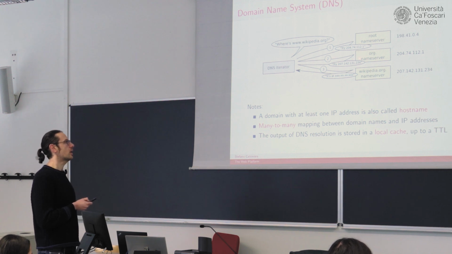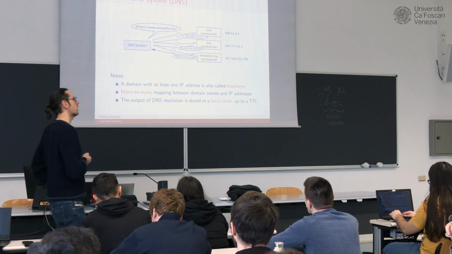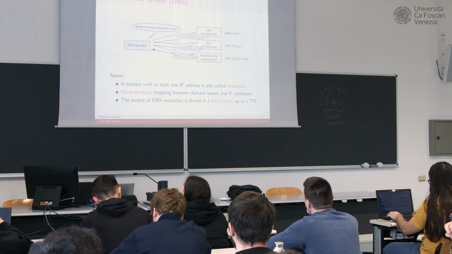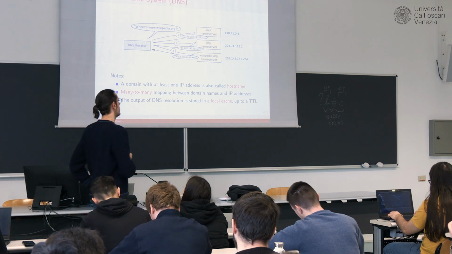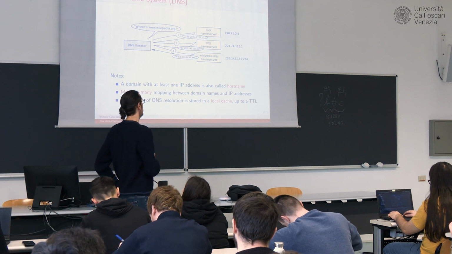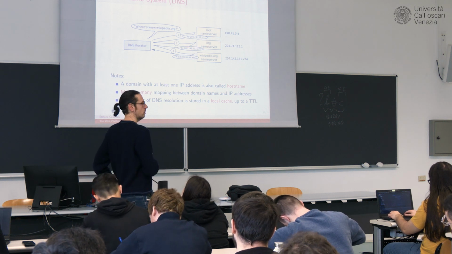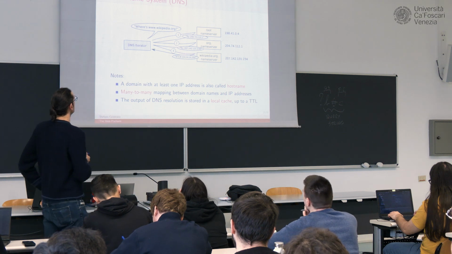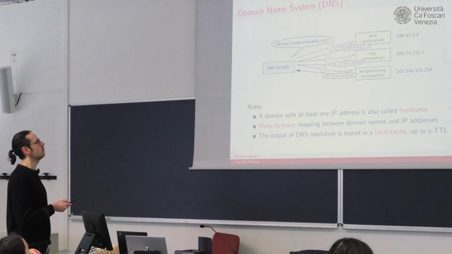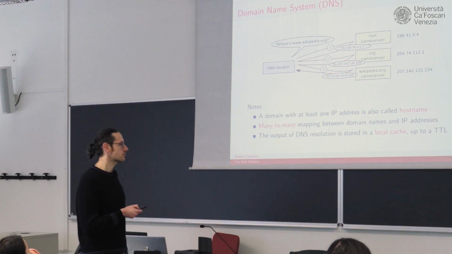As you can see, this name server is in charge of resolving everything which is under the org top-level domain. It is plausible that also this name server doesn't know the answer to this query, but can redirect again our DNS iterator to the next name server which is in charge. Notice that the IP address supplied in the response here is exactly the IP address of the next name server.